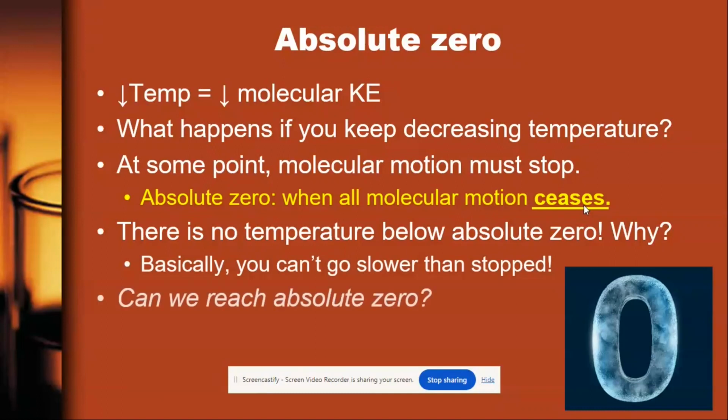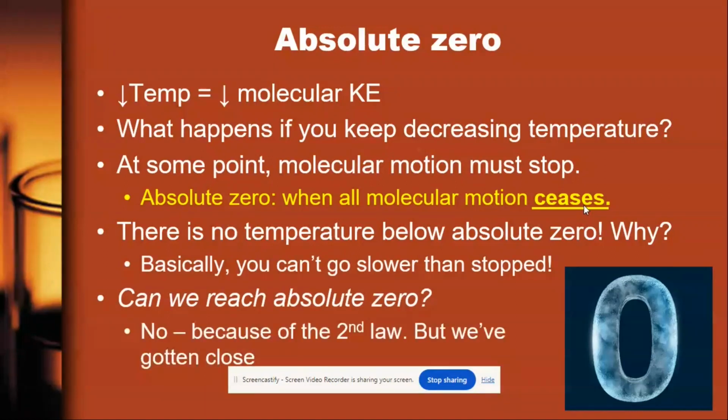The second question about absolute zero: can we actually reach it? And the answer is no. We've already learned about the second law, which says that heat spontaneously flows from hot to cold. So it doesn't take too much imagination to figure out that once you reach or even get close to absolute zero, that will be the coldest place in the universe. There's nowhere in the universe at absolute zero.